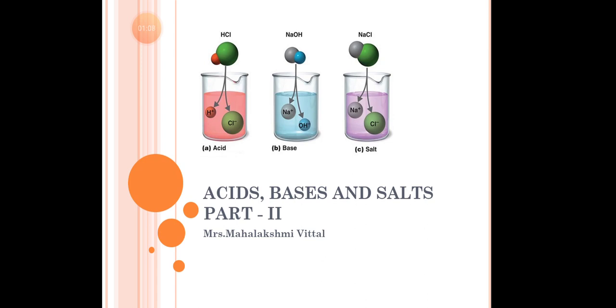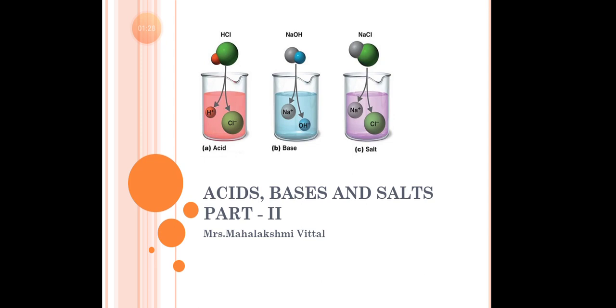But we have also learnt about various classifications of acids, strong acid and weak acid. We also learned some bases are strong bases, some are weak bases, and there are solutions which are neutral too.